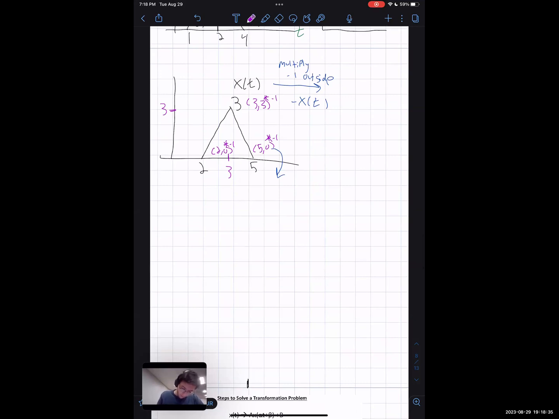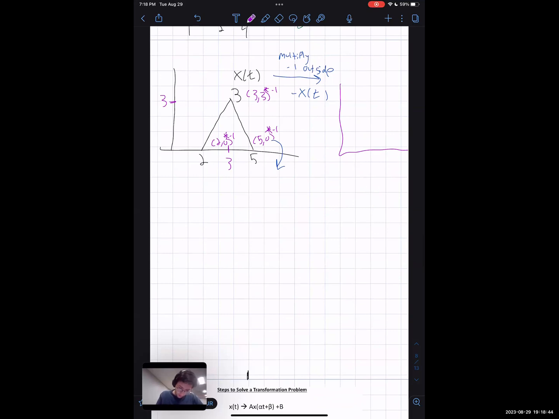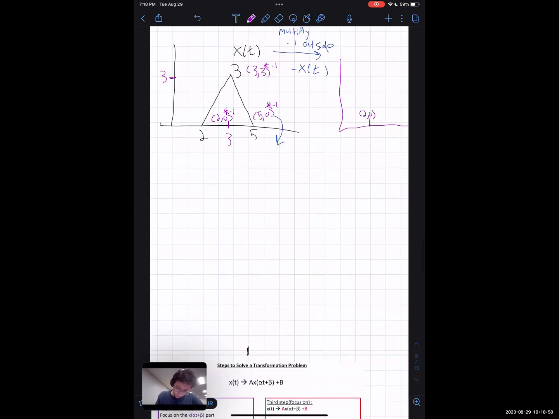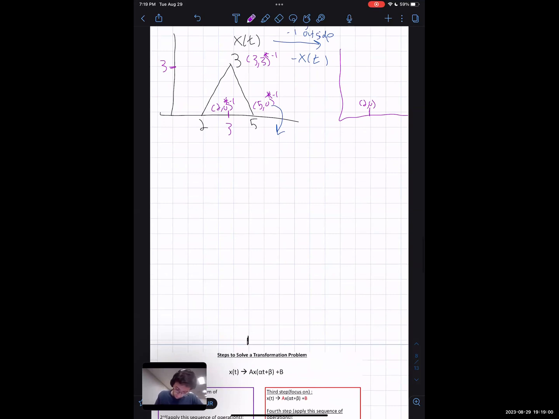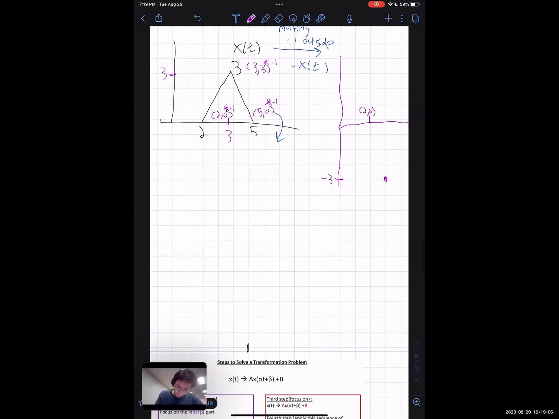We're going to get something like this. Okay, and here, doing our node strategy, 0 times -1 is still 0. So this is still 2, 0. And here, 3 times -1 is -3. And then, once again, 0 times -1 is 0. So we have 5, 0 here.